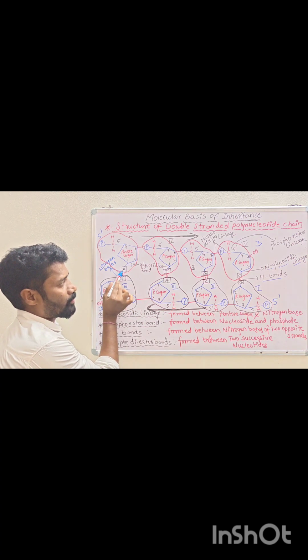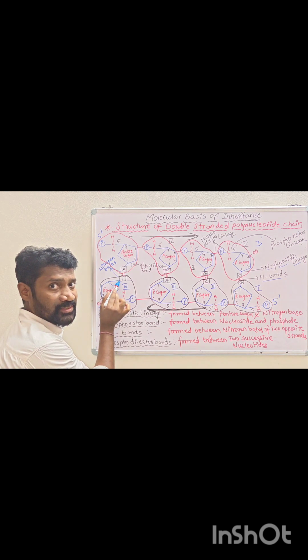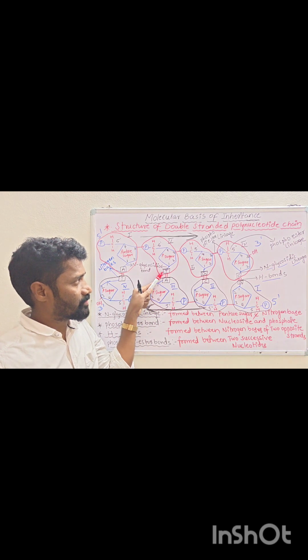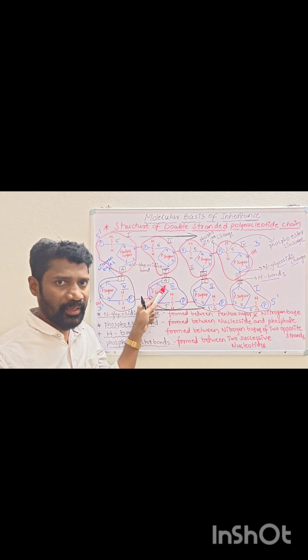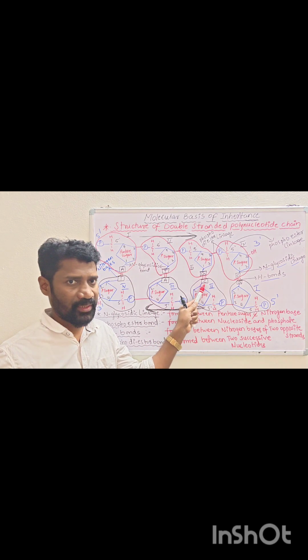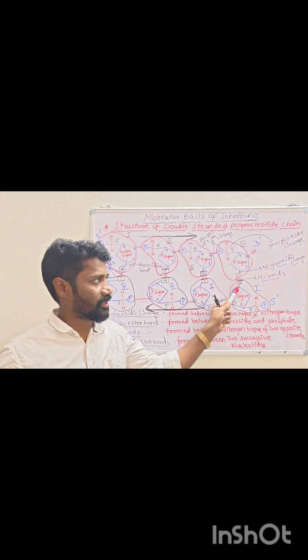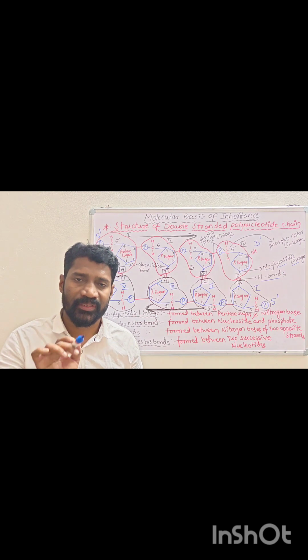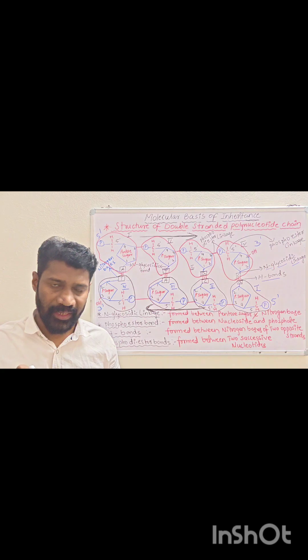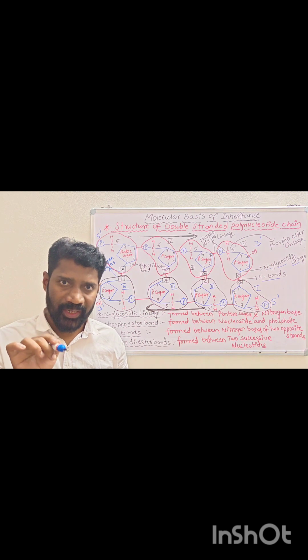Adenine of one polynucleotide chain binds with thymine of the opposite chain. In the same way, if the upper chain has thymine, the lower chain should have adenine. If the upper chain has guanine, the lower chain should have cytosine, and vice versa.